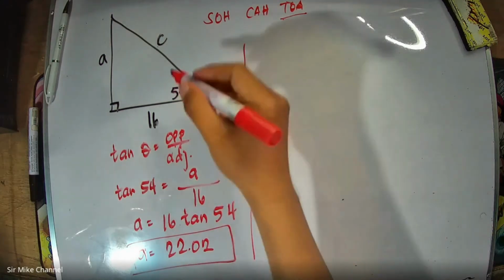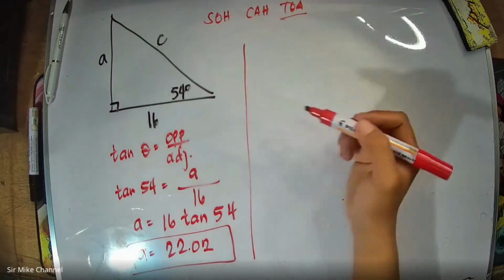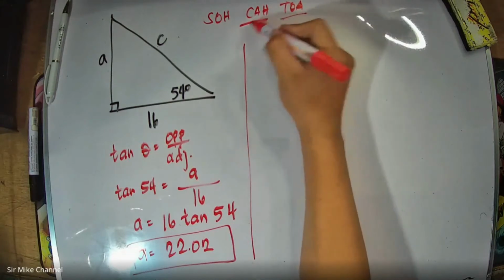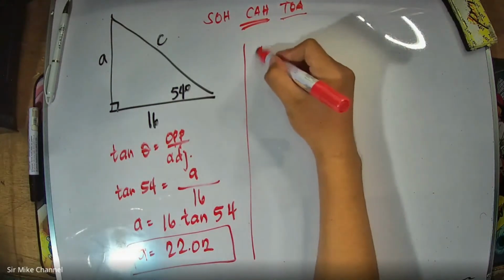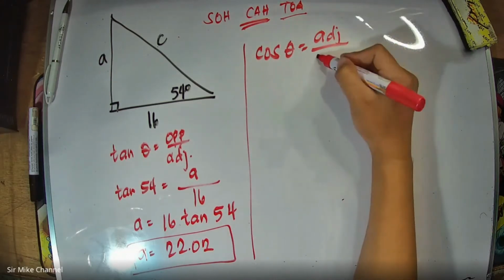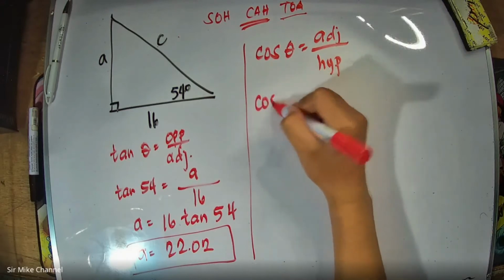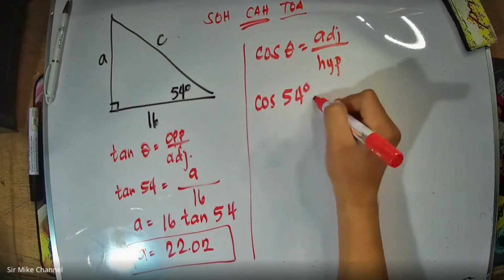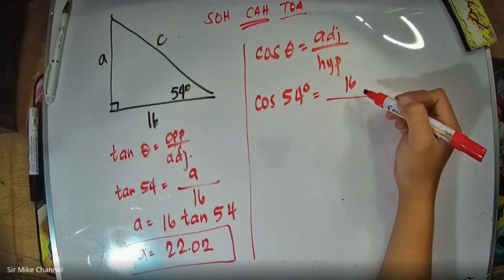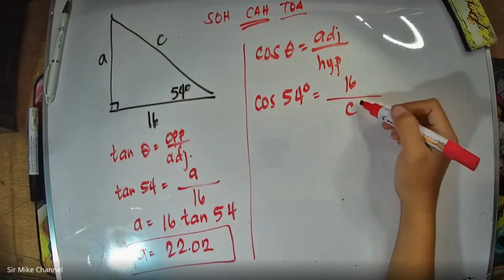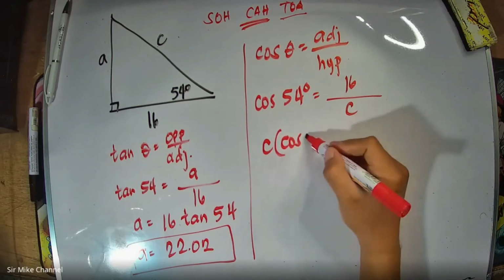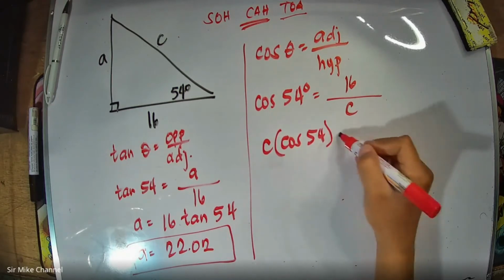Next, how about C? This time we use the hypotenuse and the adjacent, so it's cosine. Cosine theta is adjacent over hypotenuse. So cosine 54 degrees, our adjacent is 16 over C. Cross multiply: C times cosine 54 is equal to 16.